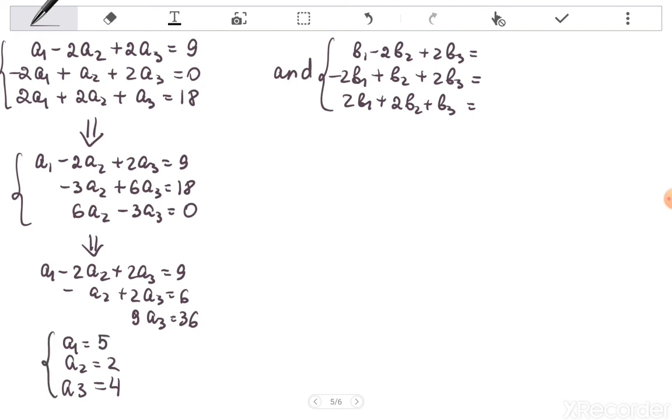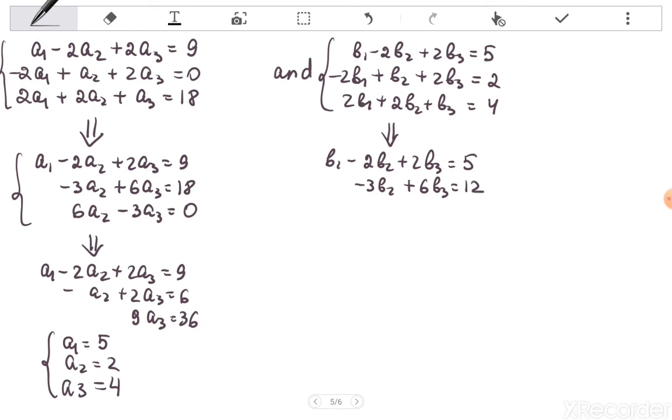So we have this solution, and now we write these things here, 2, 4, and do the same, finding b. So we just write the first equation, then we multiply by 2 and add, and we get the same thing, minus 3b2 plus 6b3. The difference is in the right-hand side: if we multiply by 2 and add, we get 12.